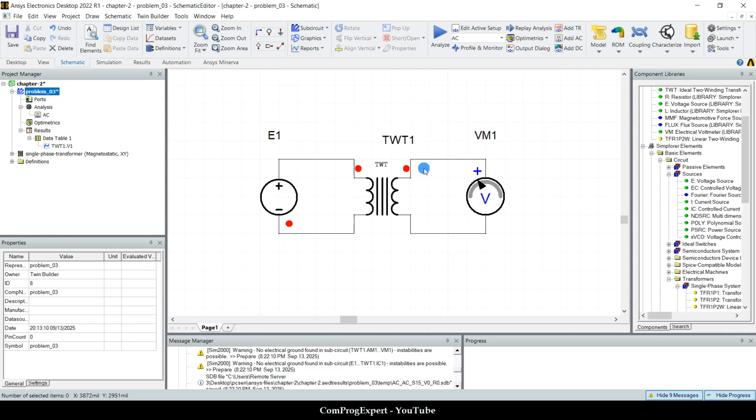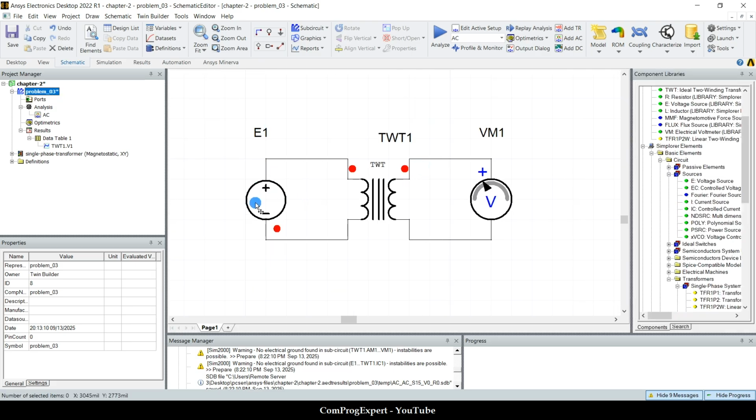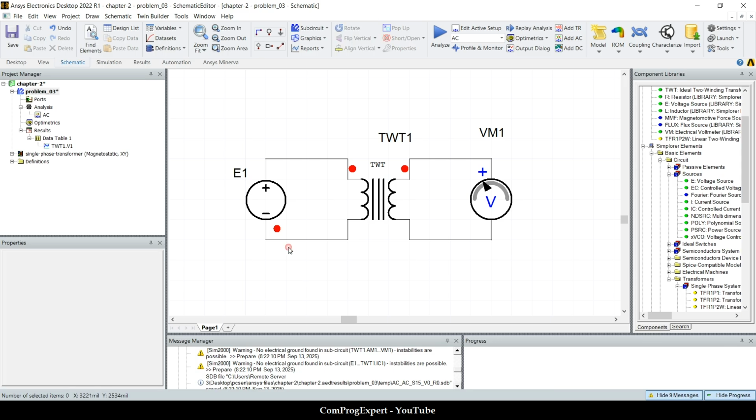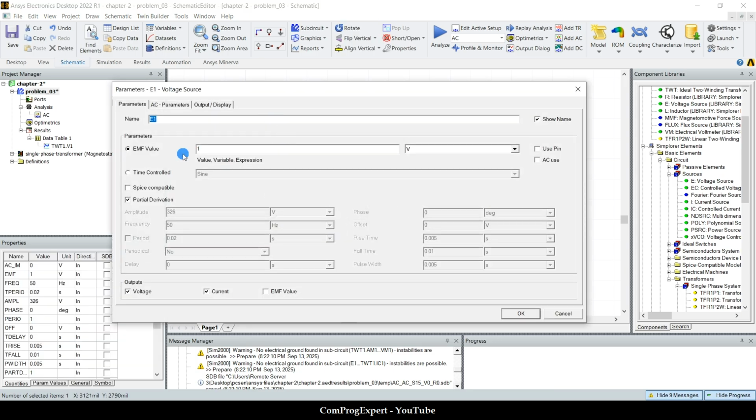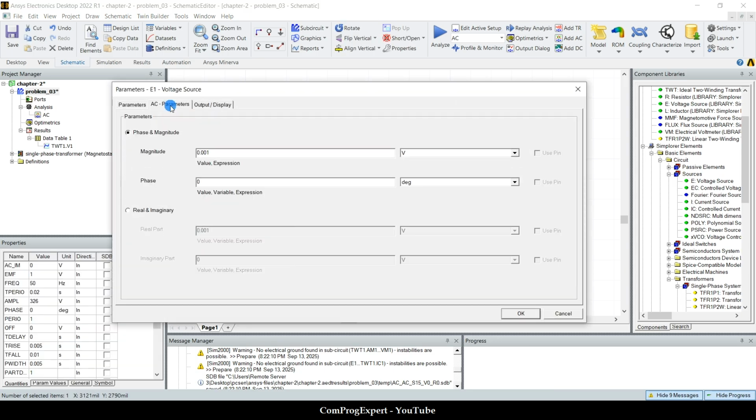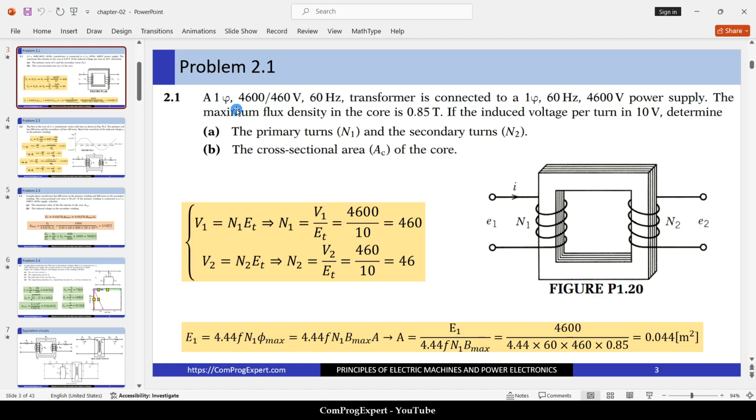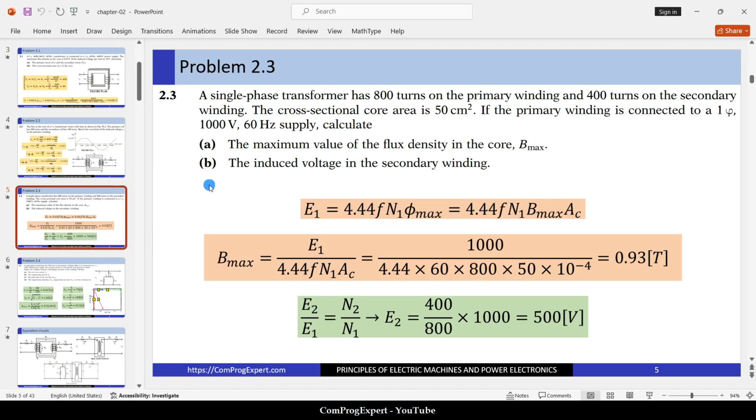Here I didn't set the value of the input voltage E1 in the AC parameters. You should set the magnitude and phase. The magnitude is 1000 times 1.41. Why? Because the amplitude here is this number, this is the RMS value.